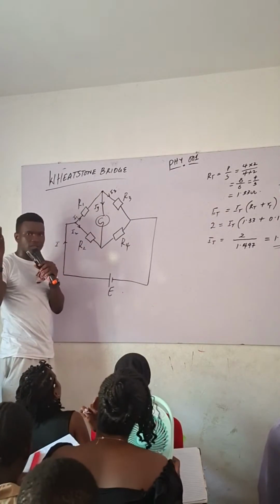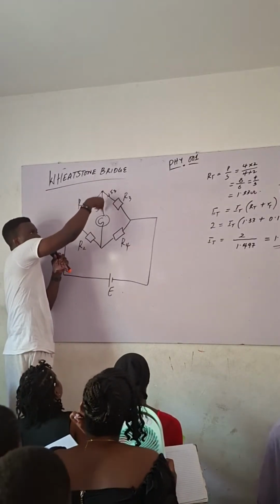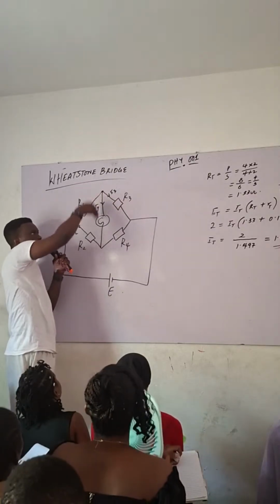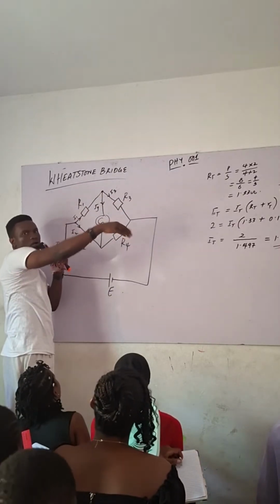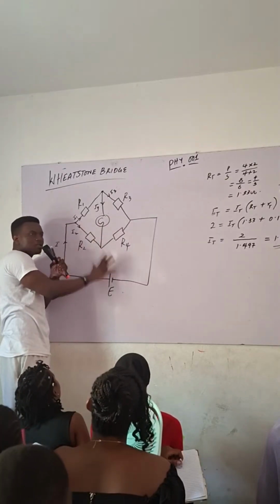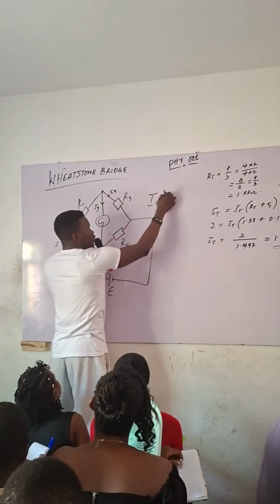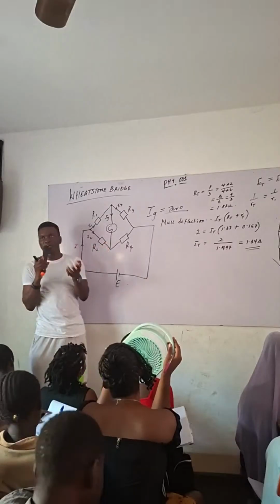I hope you are listening. There's a junction, so this current that is coming will divide. Part will pass here, part will pass here. But for this to work perfectly, it is designed in such a way that the current going through the galvanometer must be 0.